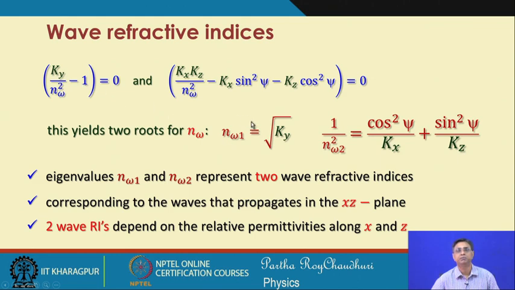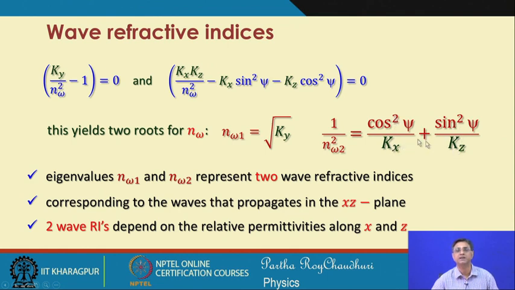This will give you simply a solution that n omega 1 equal to root k y. We will see what it means. In the case of this quantity becoming 0, we will see that 1 by n omega square will be equal to cosine square psi by k x plus sin square psi by k z.